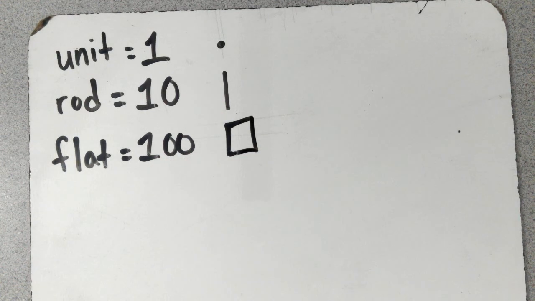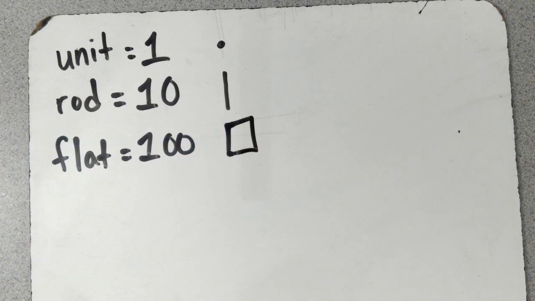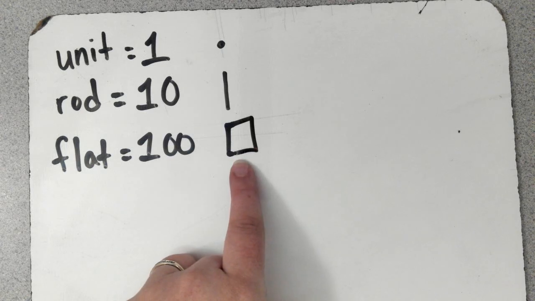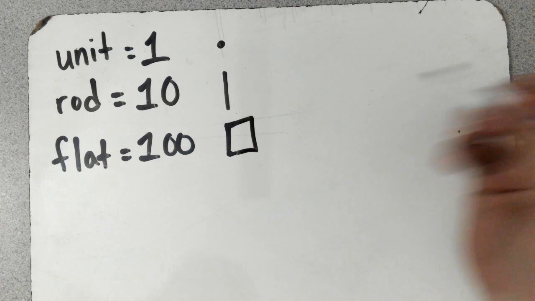Now, it is extremely important that students only use a dot or a small circle to represent a unit or a 1, because when we get to hundreds, that is when we use a square, and we don't want any confusion. So let me show you how this works with a couple of different numbers.